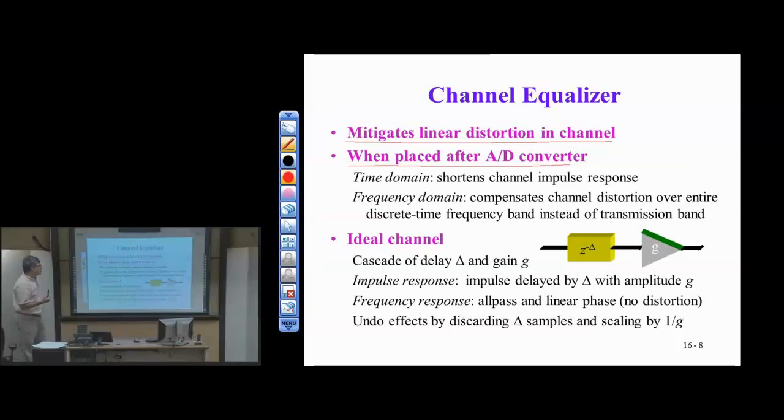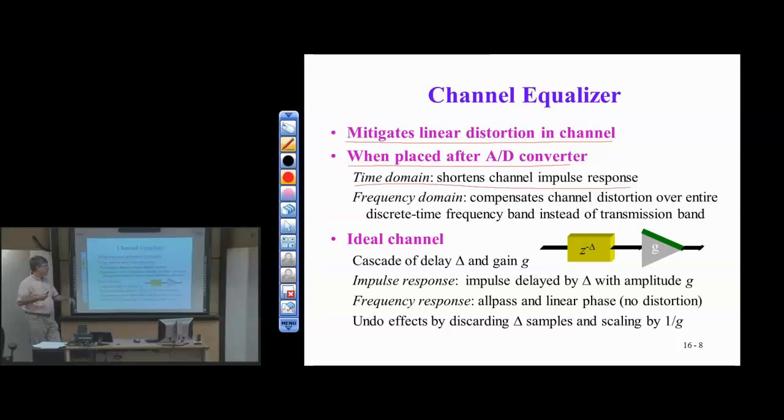So there are 2 issues with the linear effects of the channel on a transmitted signal. The first is, again, we just talk about linear time invariant effects here. In the time domain, we know that there'll be a spreading due to a convolution of the channel impulse response and the transmitted waveform.